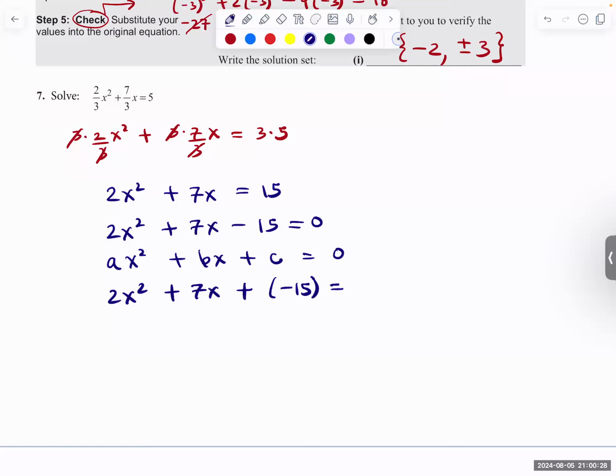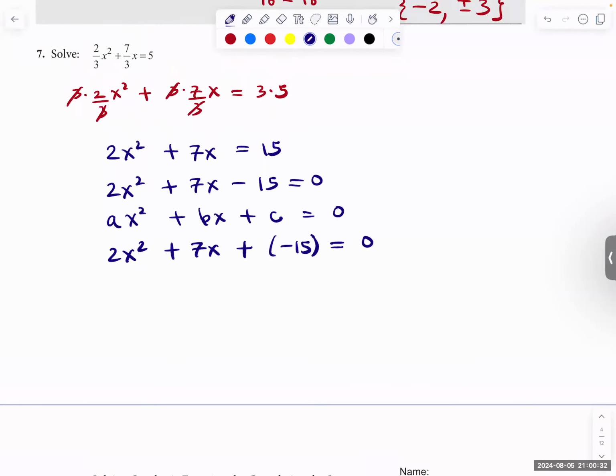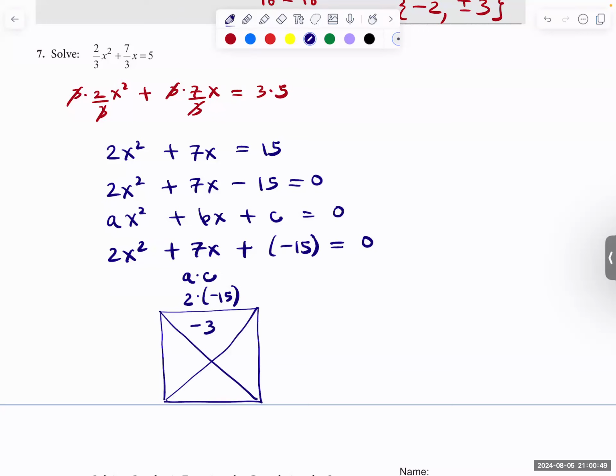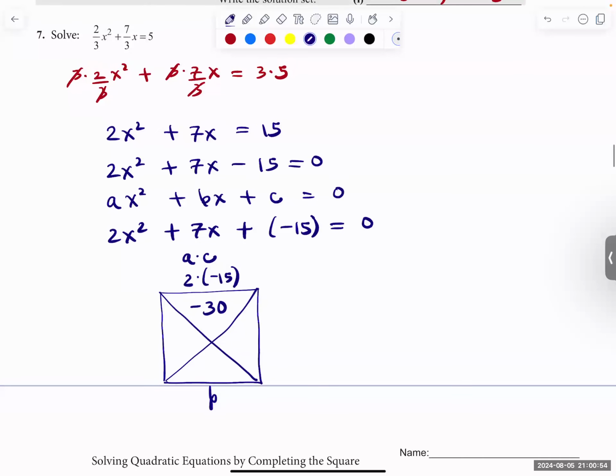So C is negative 15. In the AC method, when you multiply A times C, that'll be positive 2 times negative 15, which equals negative 30. I'm going to put this in a box, then an X. So AC, A times C, is negative 30, and B is 7.